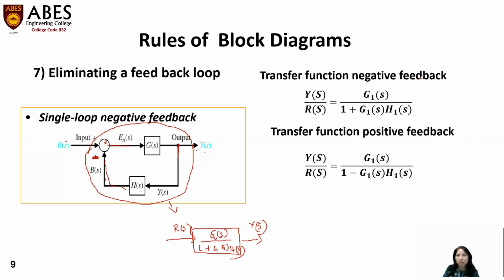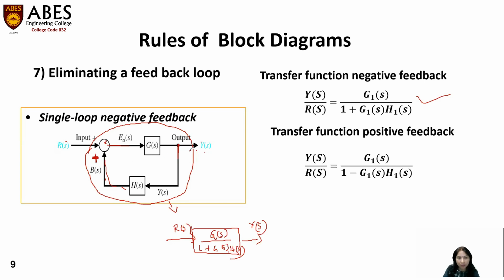So the transfer function for negative feedback is this one. So the reduction of this loop will be equal to G(s) upon 1 plus G(s)H(s). So we have reduced this feedback loop into a single block which has a gain of G(s) upon 1 plus G(s)H(s).